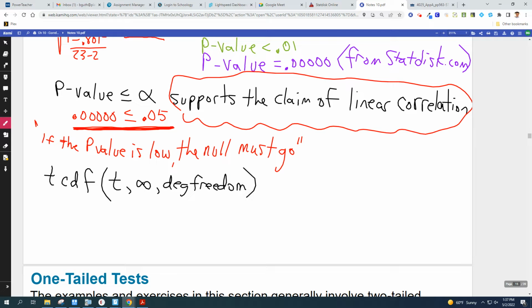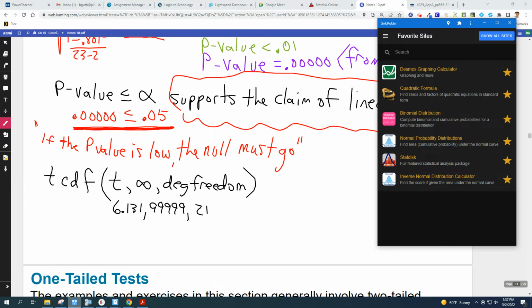So in this case, we can type in that 6.131, and then infinity we'll have to simulate with a bunch of 9s, and then degrees of freedom is 21. Let's see what that gets us.